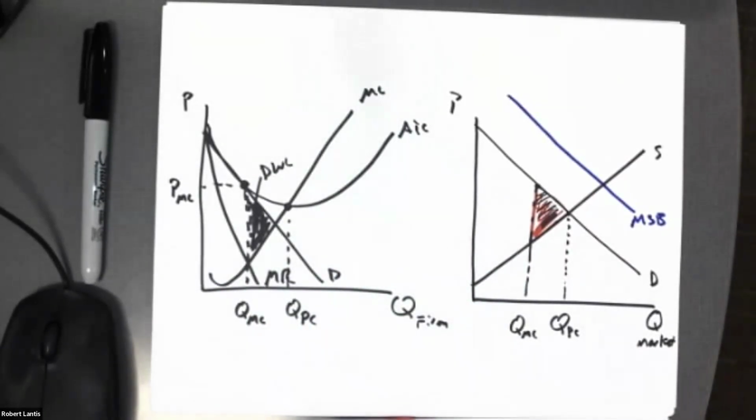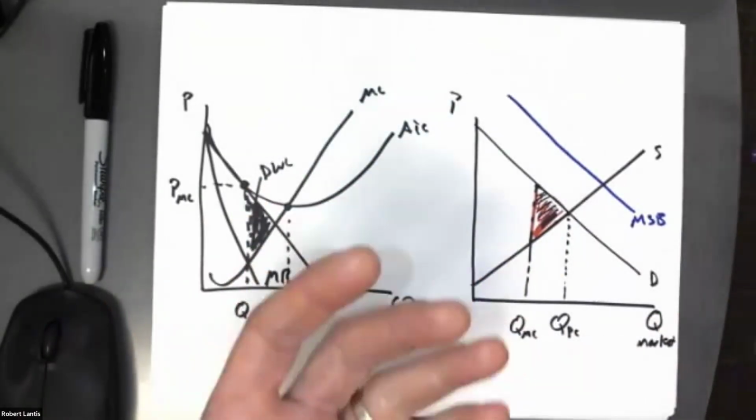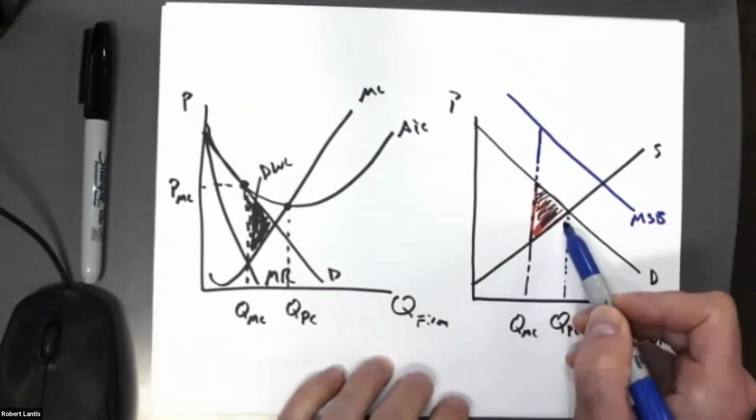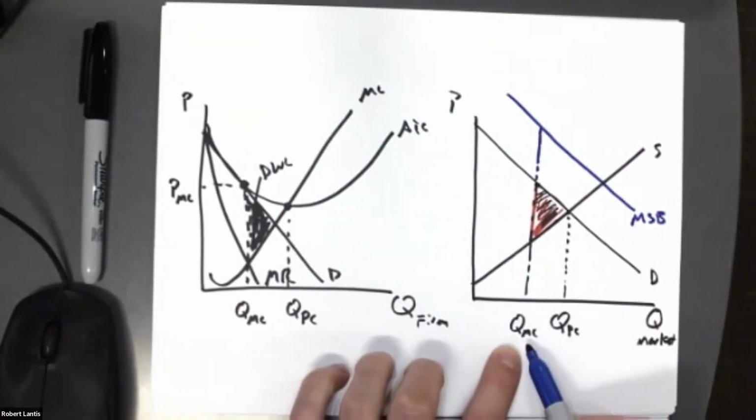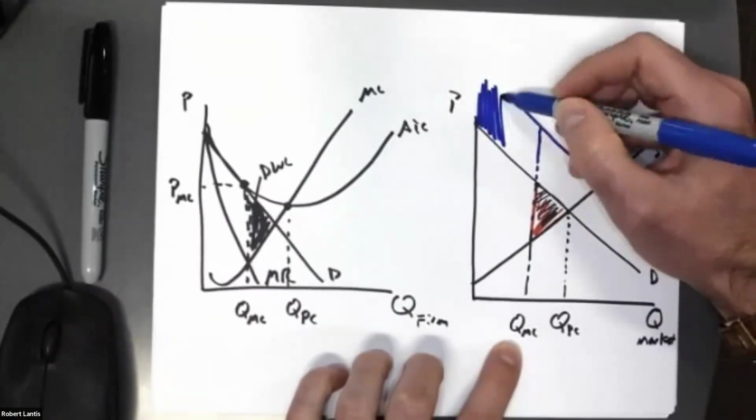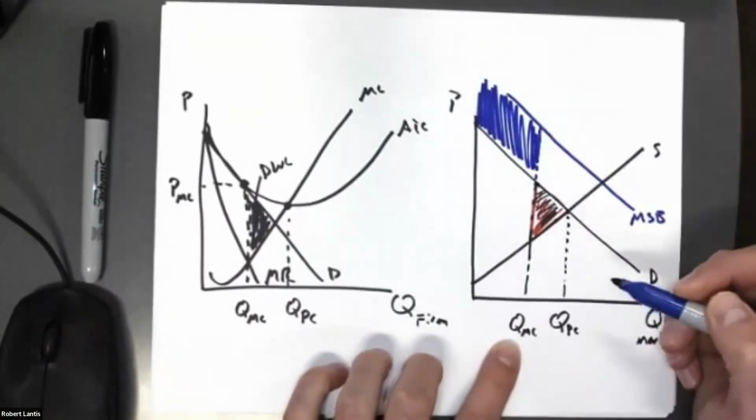There's more product variety. Consumers value that. There's going to be some additional positive externality to society. So notice, yes, we're losing this surplus because it's a monopolistic competitive market, but how much is society gaining on every unit that's purchased?